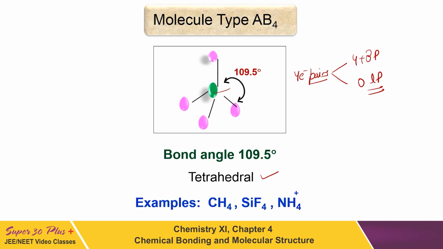This is the central atom and these are 4 side atoms if you are talking about CH4. If you adjoin the centers of these, you will get a tetrahedron. Tetra means 4, hedral means face, so you will see a 4-faced structure here.